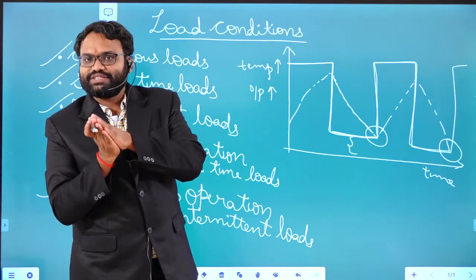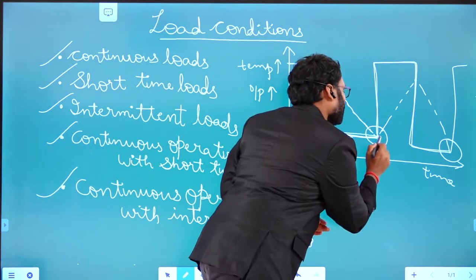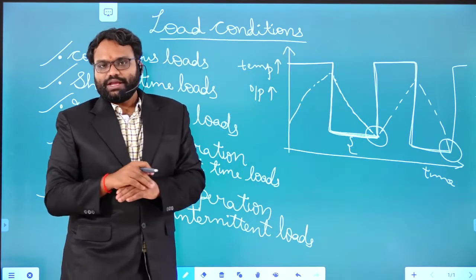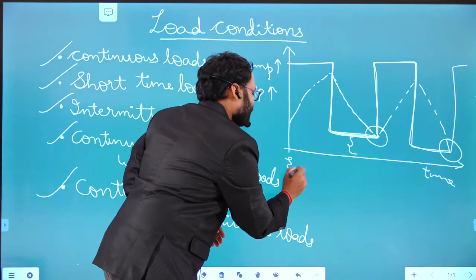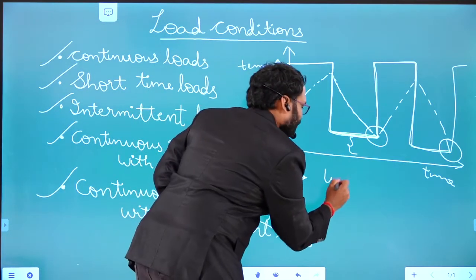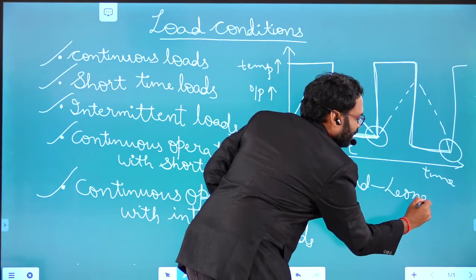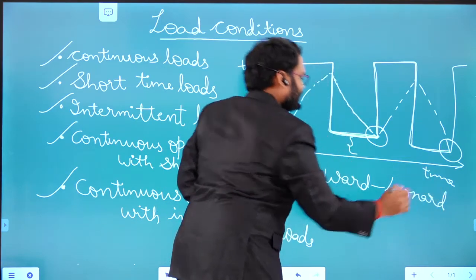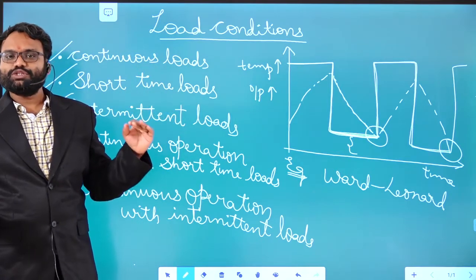But that offload condition is not exactly the 0 point, it has some minimum loading condition. Clear? These kinds of loads we will see in the speed control of the Ward-Leonard method. In the Ward-Leonard method we are going to experience this kind of load, continuous operation with short term loads.